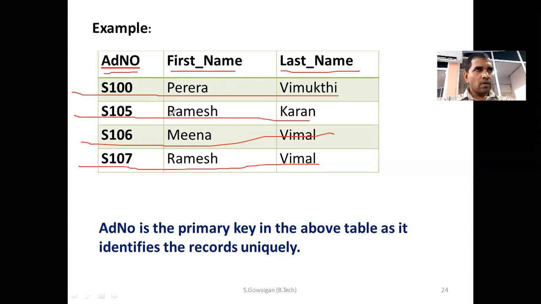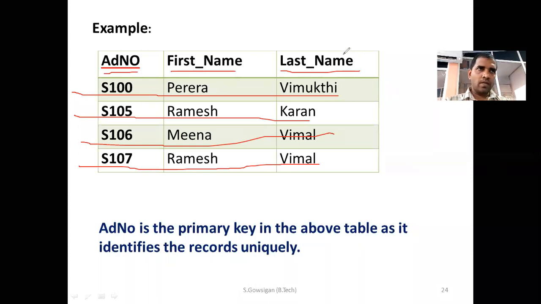Let's take my definition for the primary key again. What did I mention about primary key? Primary key is a field which is used to identify every record uniquely.